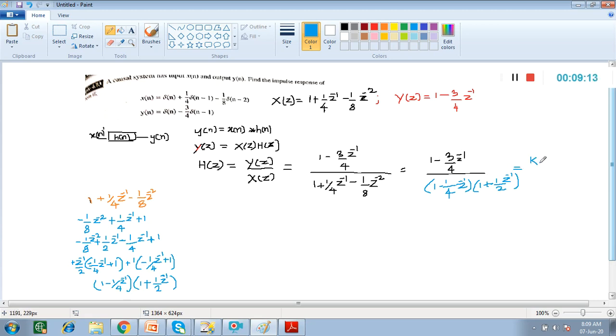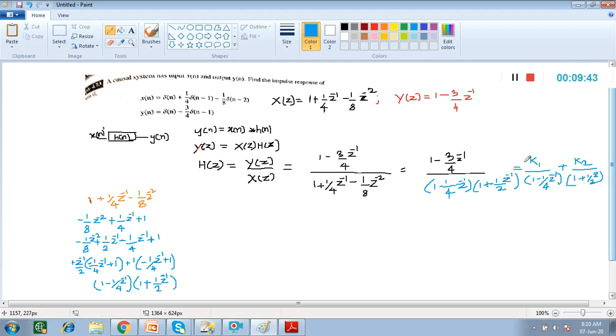So let's express this one as k1 divided by 1 minus 1 by 4 into z raised to minus 1, plus k2 divided by 1 plus 1 by 2 z raised to minus 1.